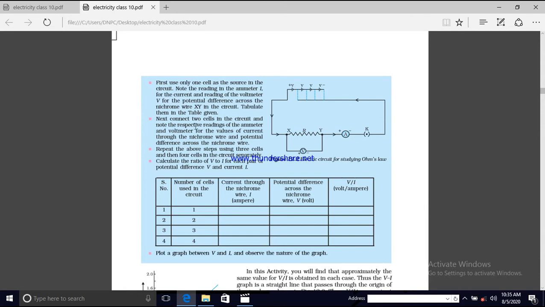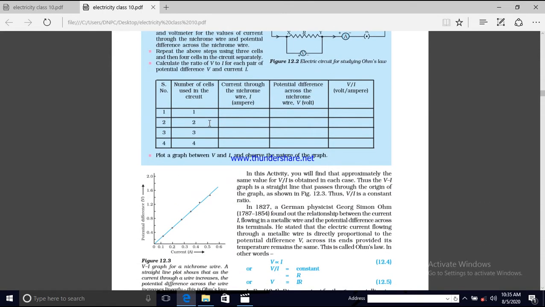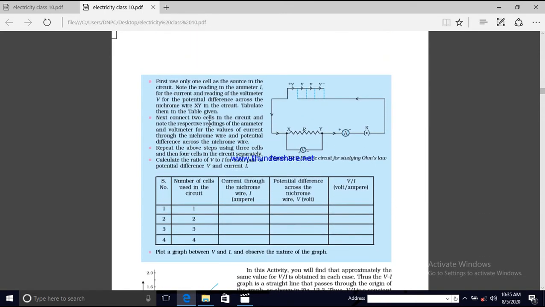See what actually happens when you connect these cells one by one. First we have connected only a single cell in the circuit, and next we connect two cells, and we are noting down the reading in the voltmeter and ammeter. Next we include the third cell, then at last the fourth cell.